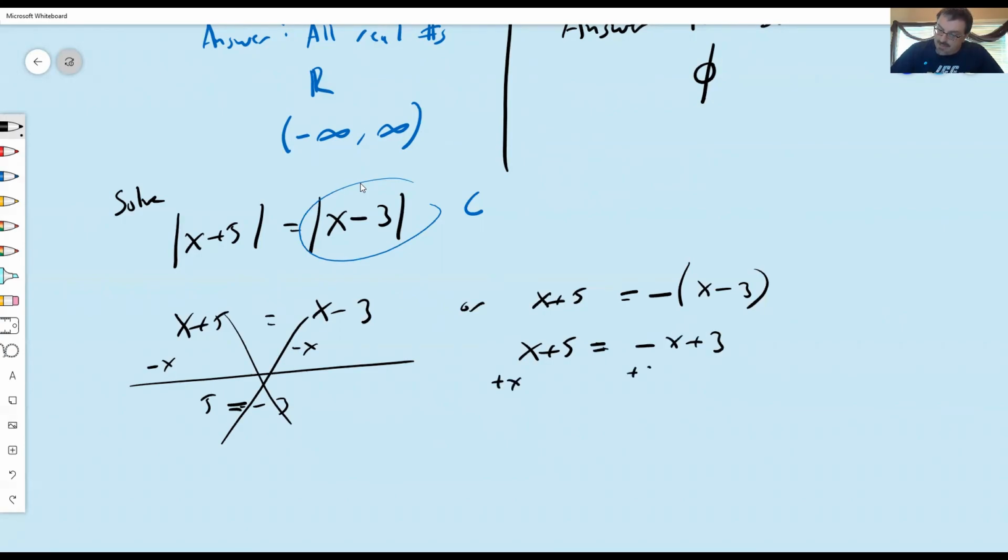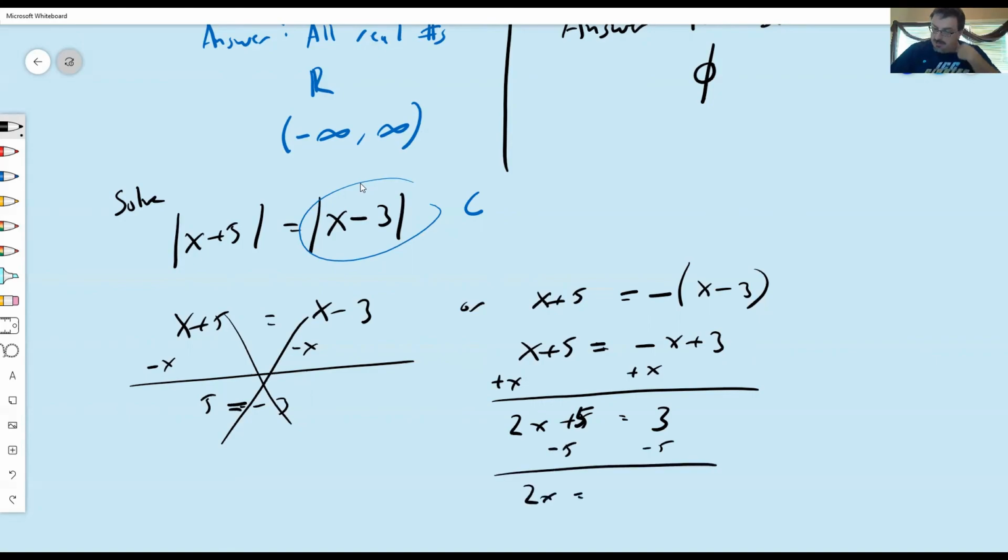Add x to both sides. 2x plus 5 equals 3. Subtract 5. 2x equals minus 2.